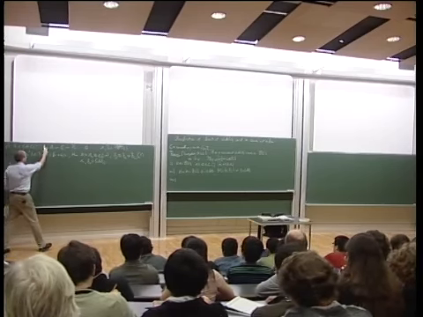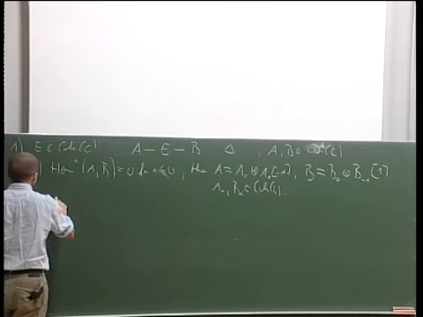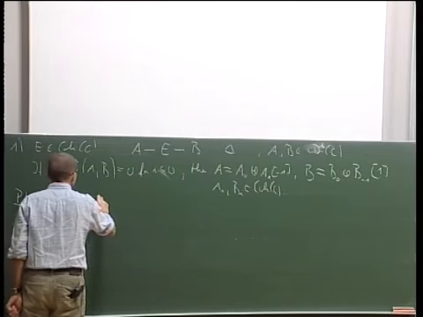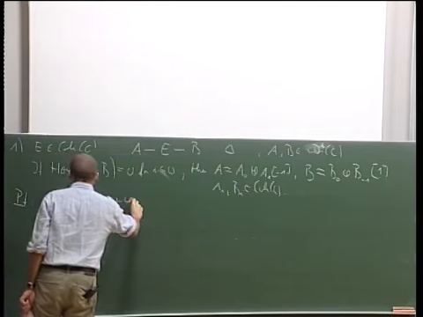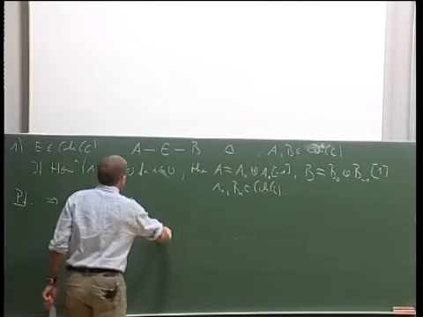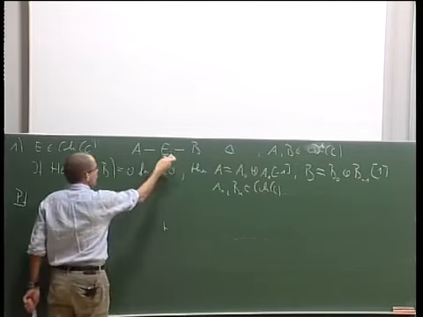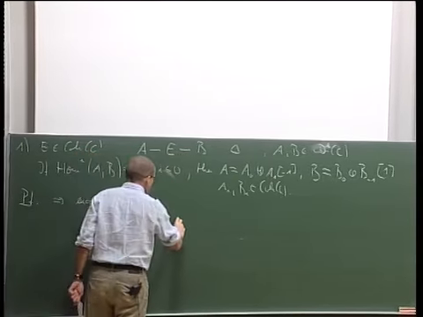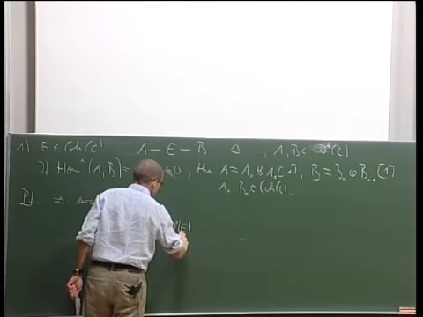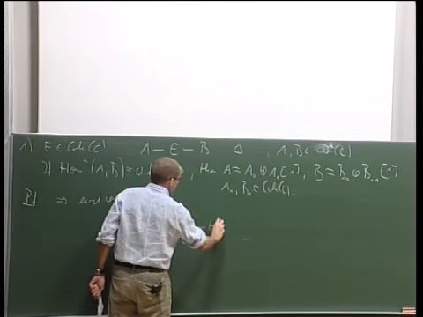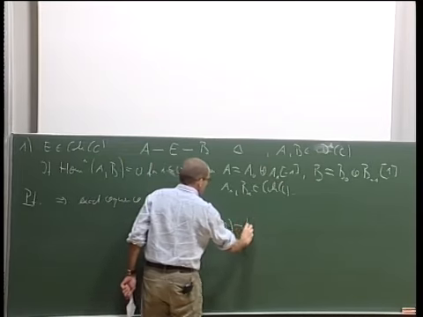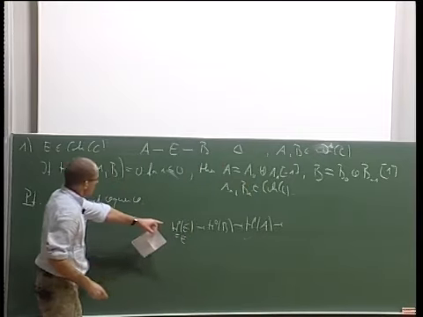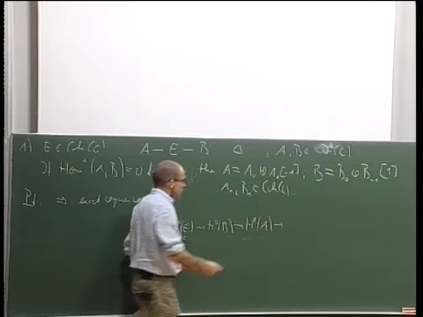So if I have an exact triangle like this, then there exists a long exact cohomology sequence. If I start in the middle, then I have the cohomology of E is an object in the abelian category. So H0 of E is E. And then there comes H0 of B. Then there comes H1 of A. And then all the other cohomologies of E are trivial because E is concentrated in degree 0.